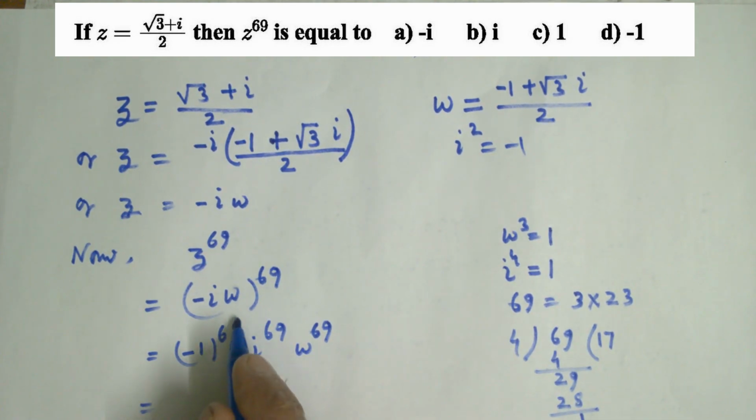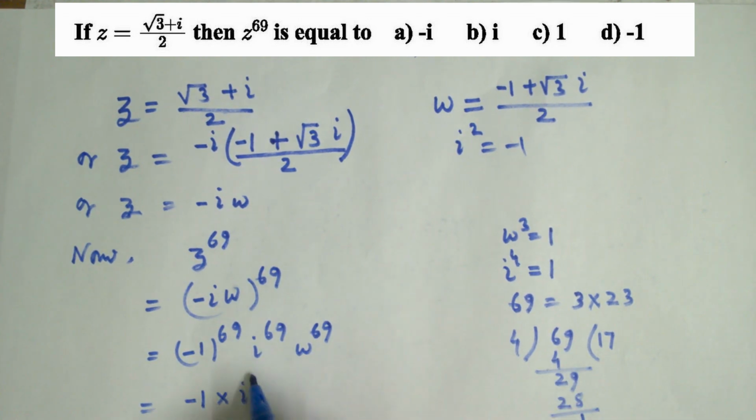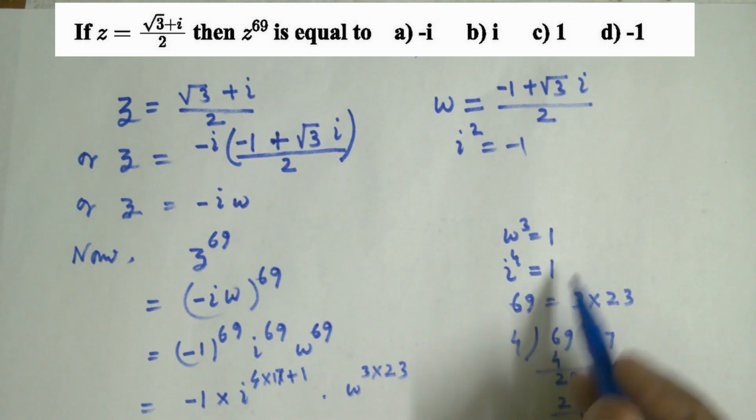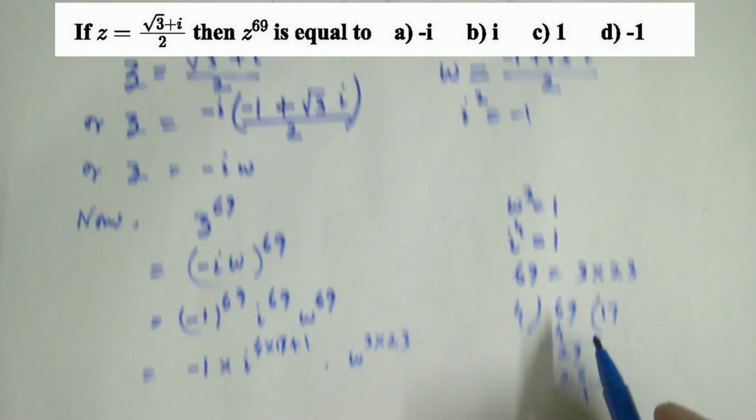Minus 1 whole to the power 69: 69 is an odd number, so this will be minus 1, into i to the power 69. We are writing 69 as 4 into 17 plus 1, and omega to the power 69 as 3 into 23. We have shown here how it is written.